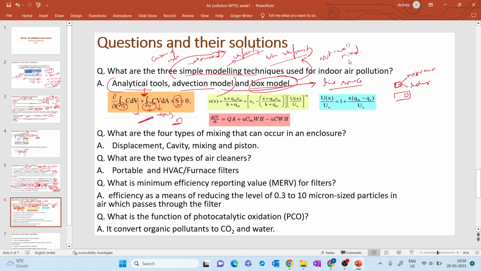Then advection model is for the line source or the moving source for a particular micro environment, for example a car, bus, taxi, auto, like that. Here there are a lot of terms, but all you have to do is find the concentration for a particular stretch, which is dx, or a particular distance. Because when we studied the Gaussian plume model for line source, we also defined a region which is dx.